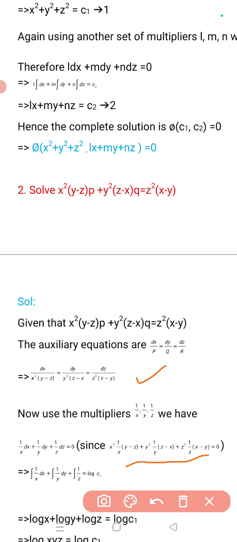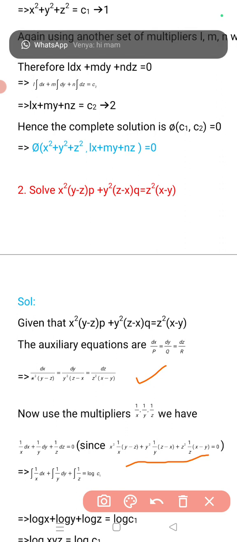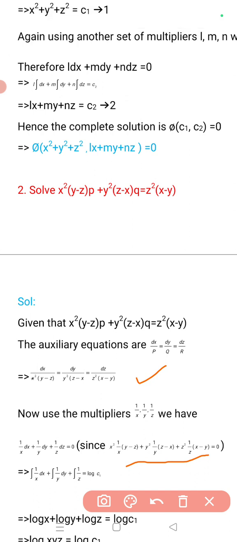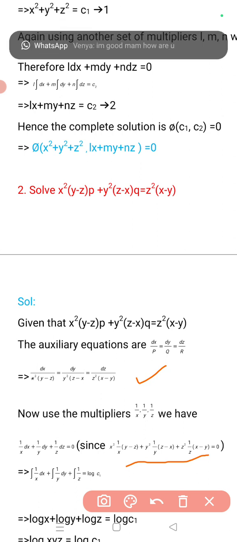I get 0. That's why here I have used the multipliers 1 by x, 1 by y and 1 by z. So the denominator part gets entirely 0, and we are left with only the numerator part, that is 1 by x dx plus 1 by y dy plus 1 by z dz is equal to 0.